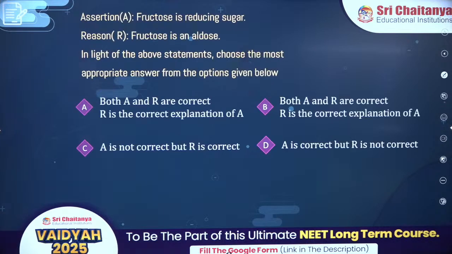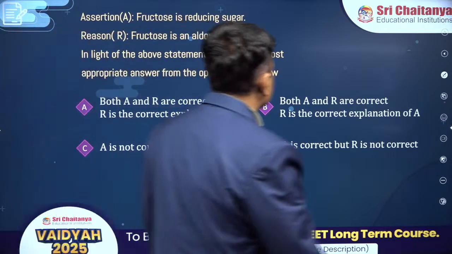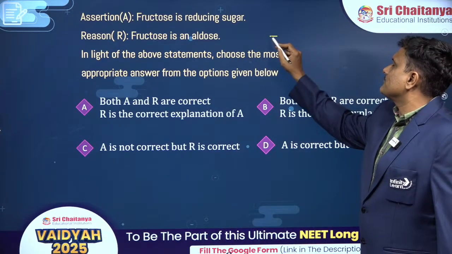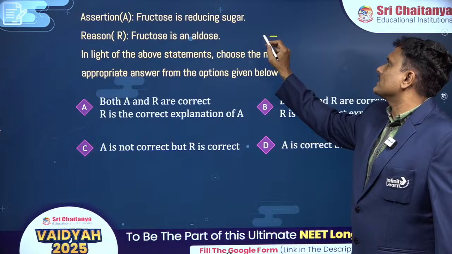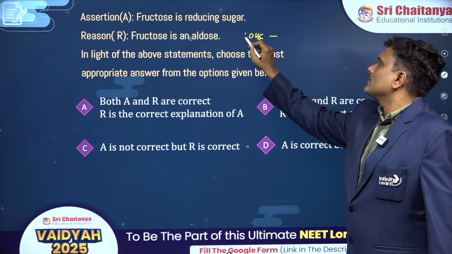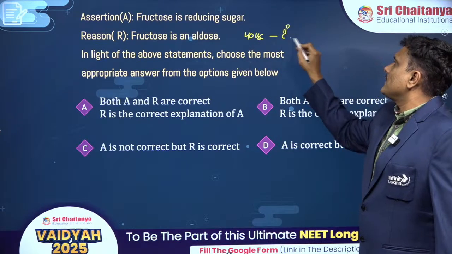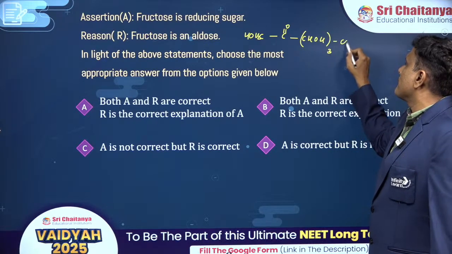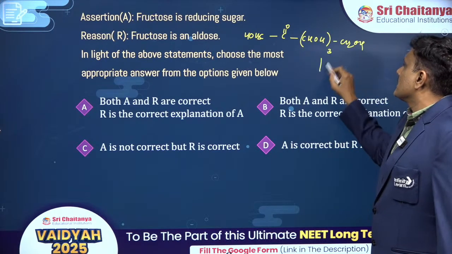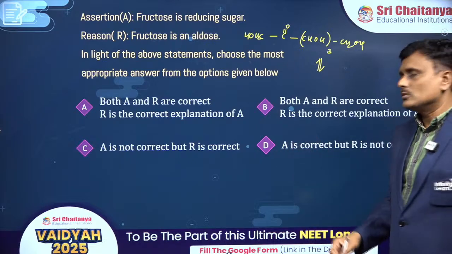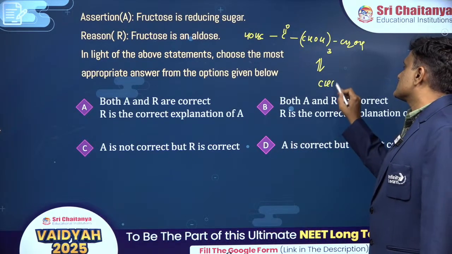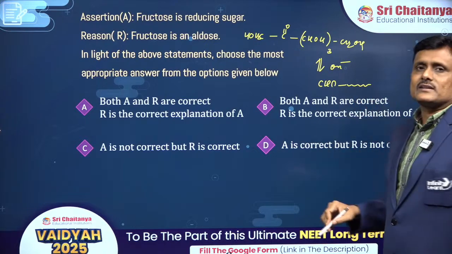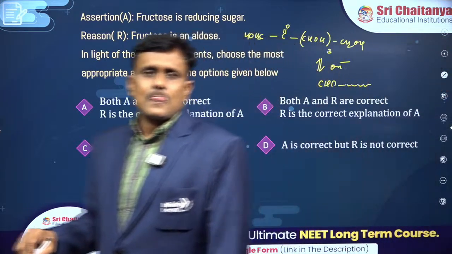Popular thing. Fructose is a reducing sugar. We all know, because fructose, which basically has an alpha hydroxy ketonic structure, would be converted into the glucose structure in the alkaline medium, which gives rise to the Tollens test.